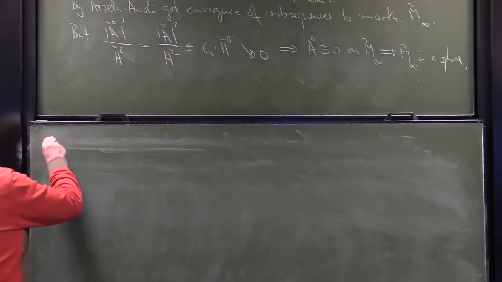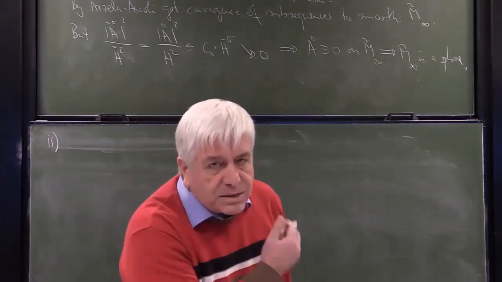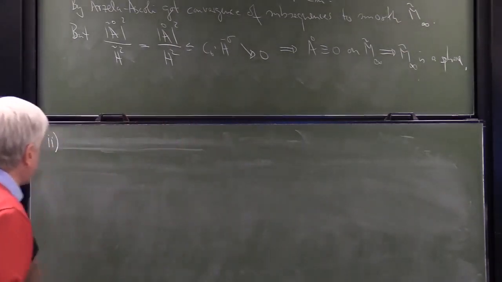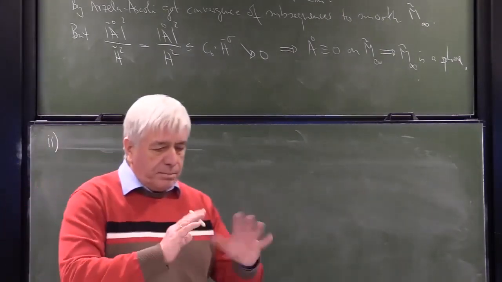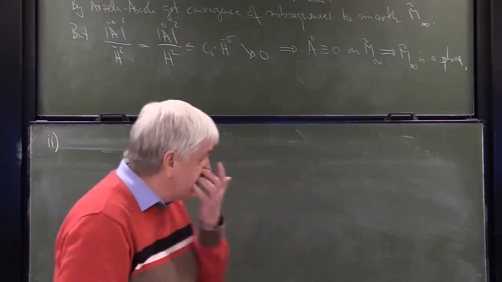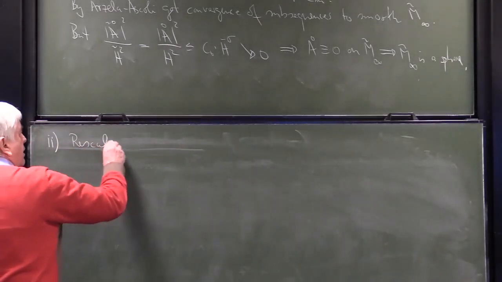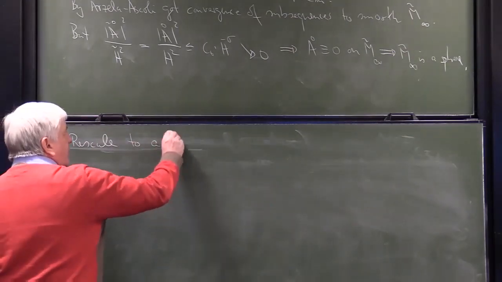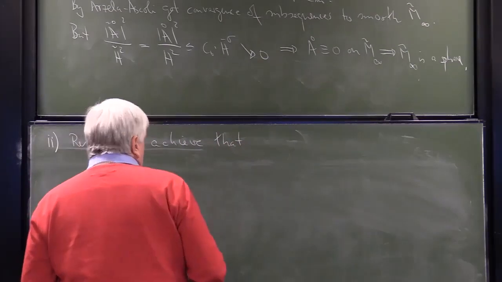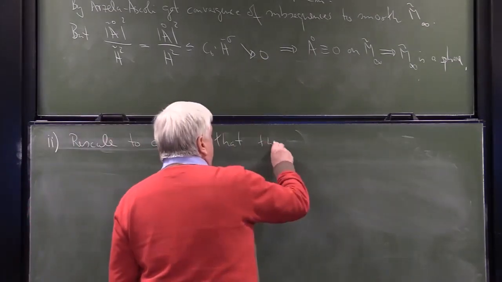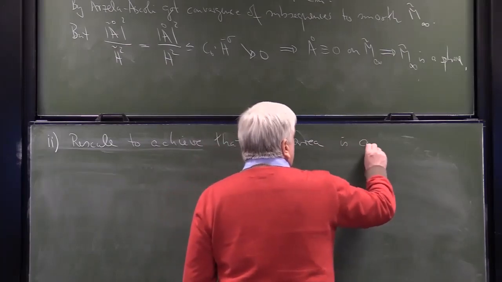So the second possibility to rescale, which is again special to the convex case, would be to rescale to achieve that the area is constant.